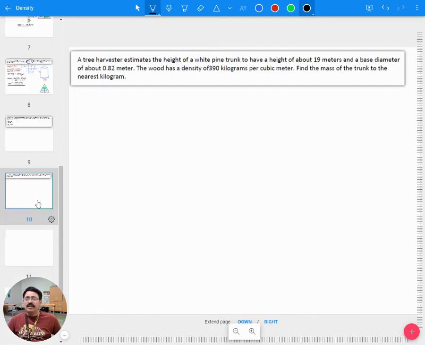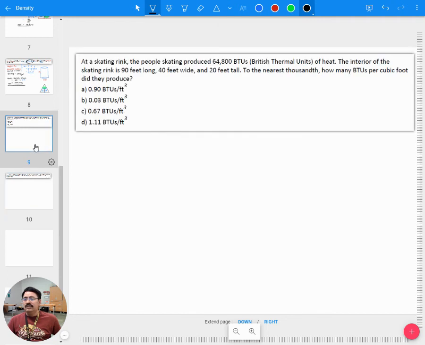So there are some questions of this kind. At a skating rink, the people skating produced 64,800 BTUs, that is British thermal units of heat. The interior of the skating rink is 90 feet long, 40 feet wide, and 20 feet tall.